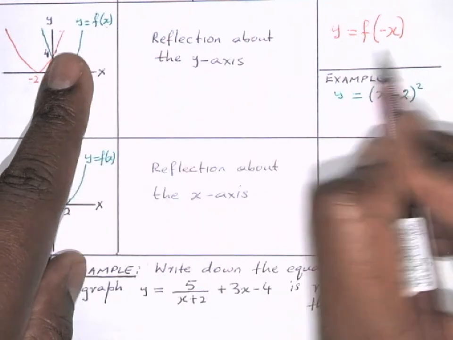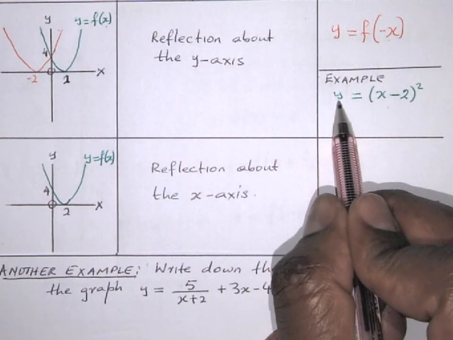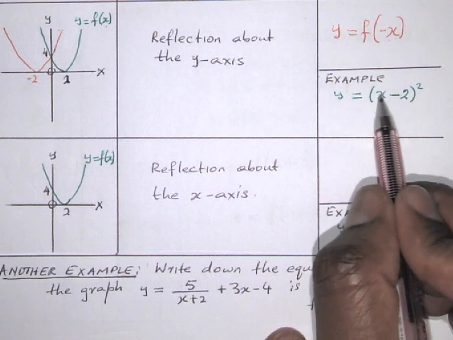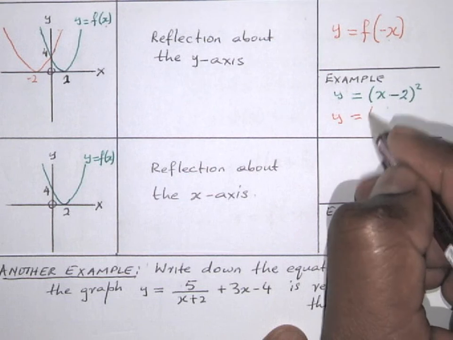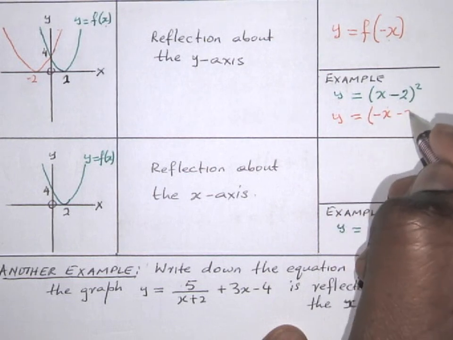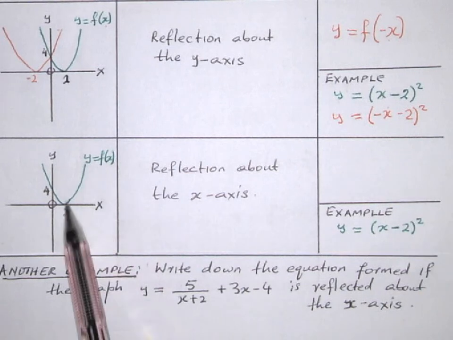Because that was an x, now it becomes a minus x. Let's say the equation was given like this. So it's y is equal to, bracket x minus 2 all squared. So just change the sign of x. So it's a minus x, minus 2, then squared. Done.